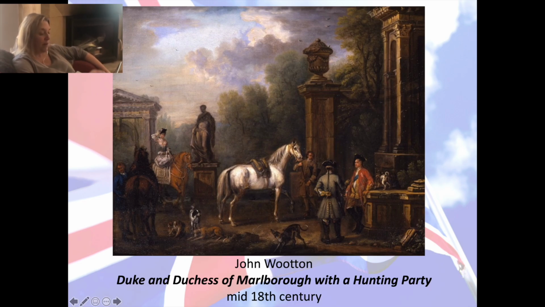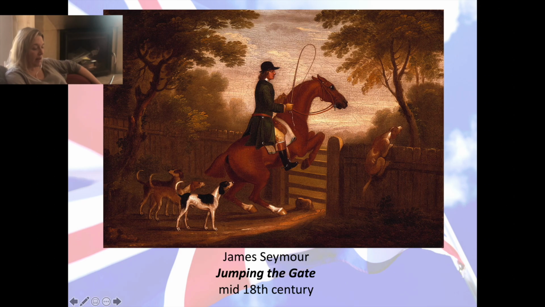Sometimes they include people. Of course, these horses were very noble, expensive animals that belonged to the rich. So sometimes we have the owners of these animals portrayed alongside them, but sometimes it's just the servants of the horses, the grooms, the people who trained the horses, who kept them clean and fed, rather than the owners.